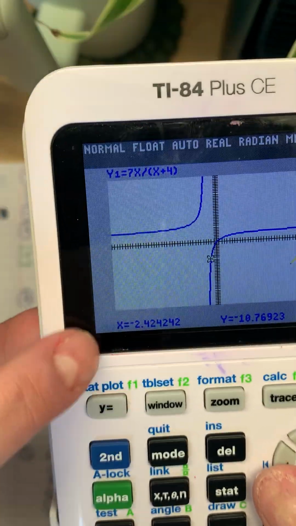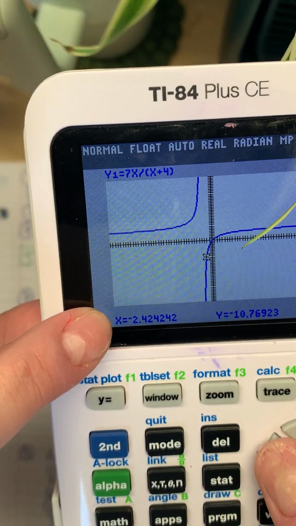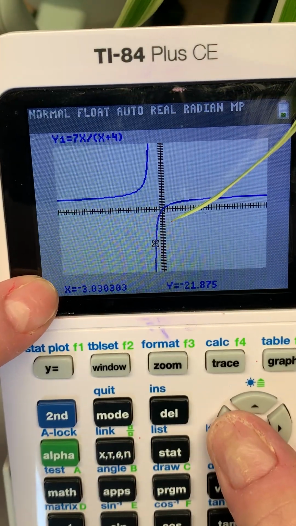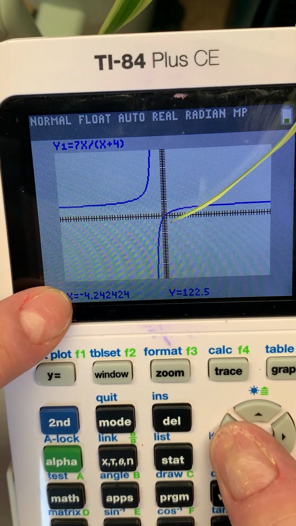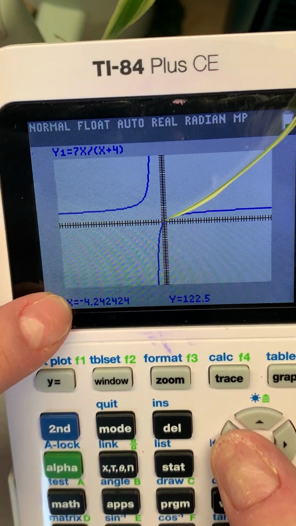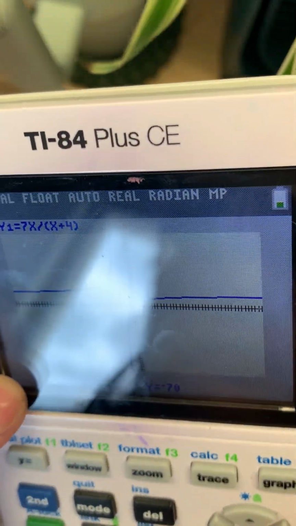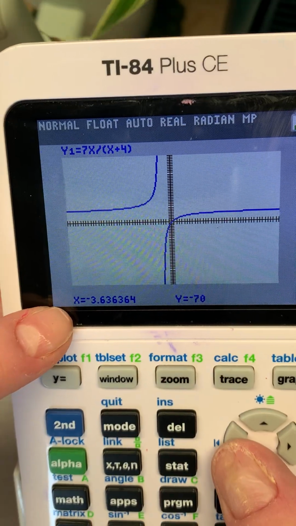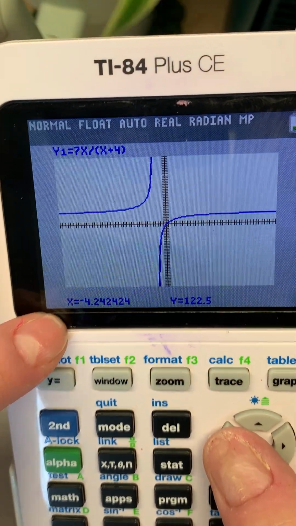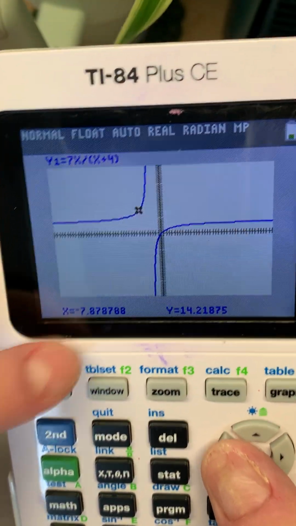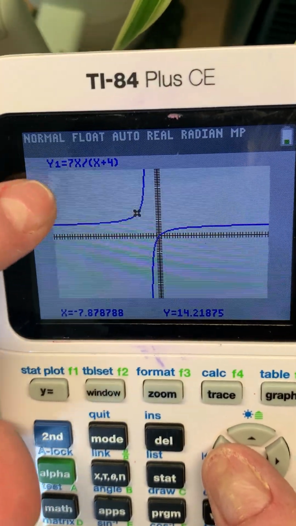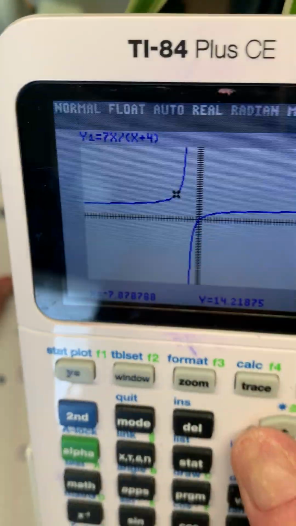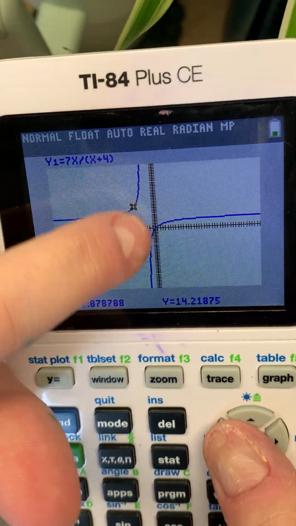As I keep pressing my right arrow button, the x values went through negative 3.6, and then they jumped to negative 4. And then the little flashy button pops up here.